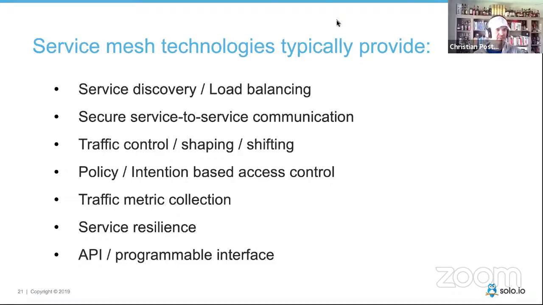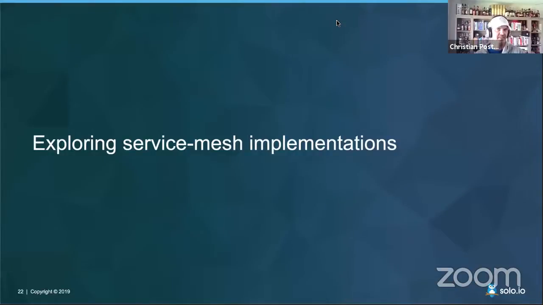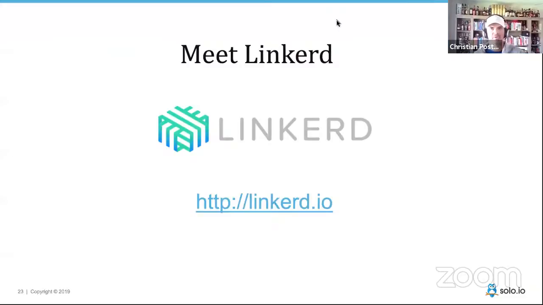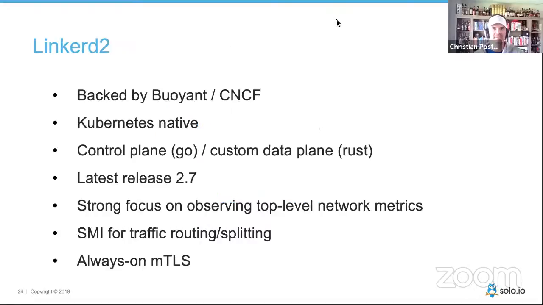So let's quickly take a look at some of the existing Service Mesh implementations, some of which we covered in our series up to this point. So Linkerd is the first one that we'll take a look at. Linkerd, specifically Linkerd 2, is an open source project in the CNCF, originally started by the good folks at Buoyant, and now has a growing community.